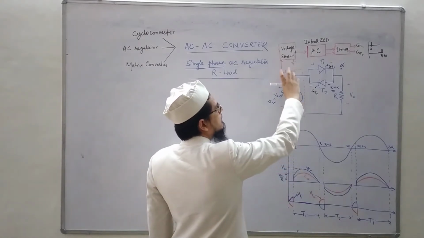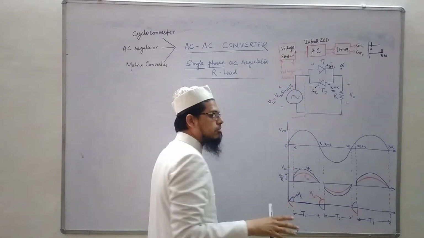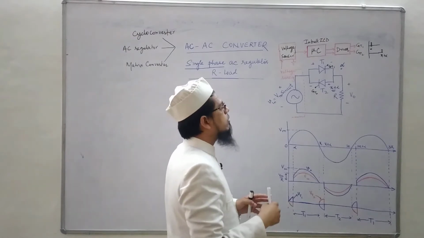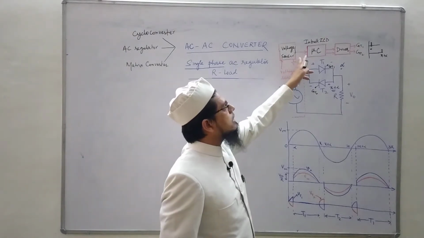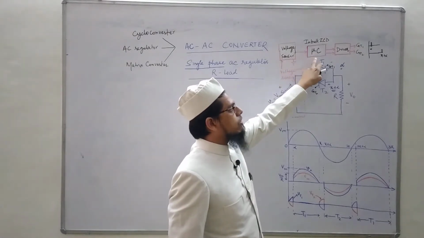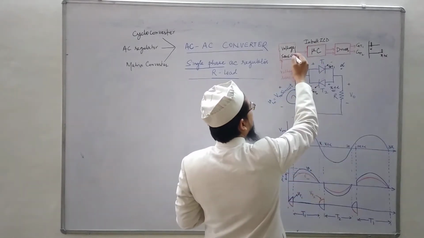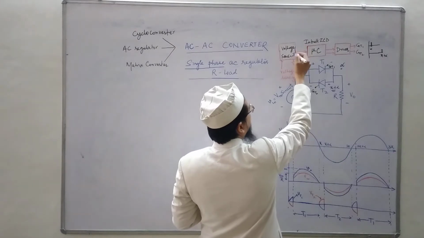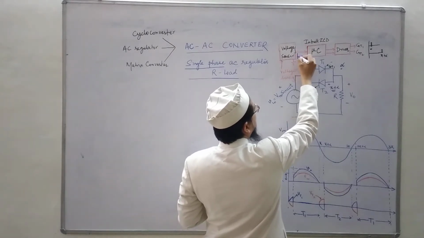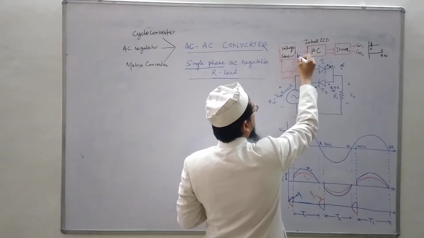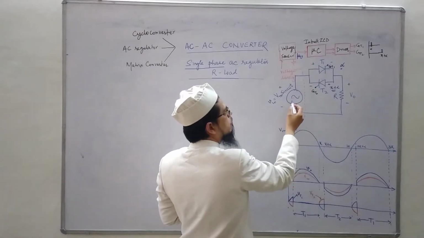So this is how it basically operates. The input voltage is normally sensed by some voltage sensor, and a reduced voltage is given to a microcontroller. It gives an AC voltage corresponding to this input voltage.